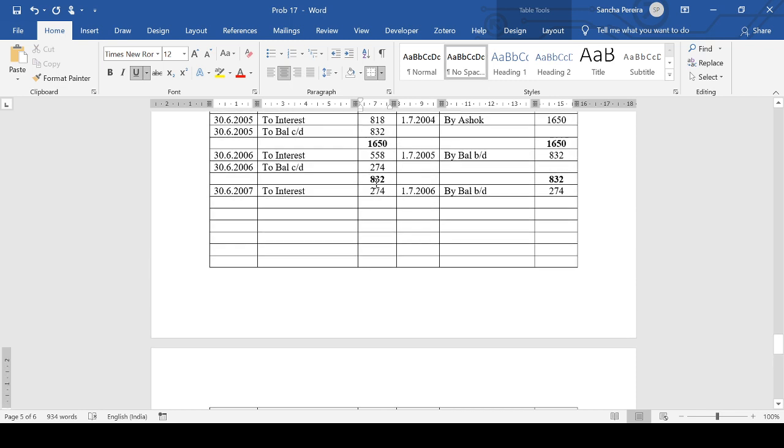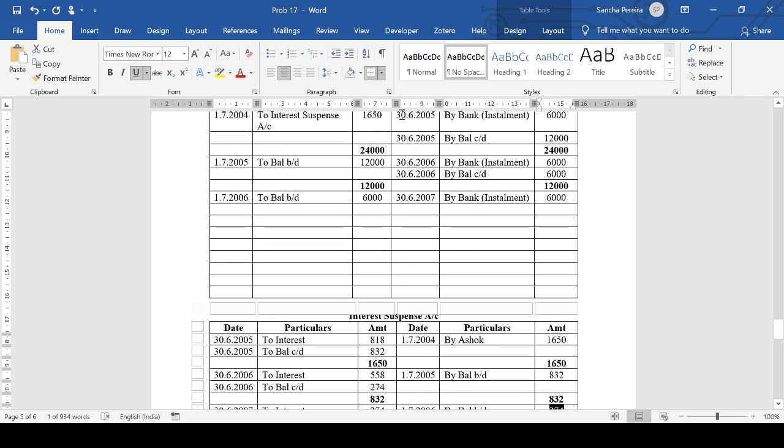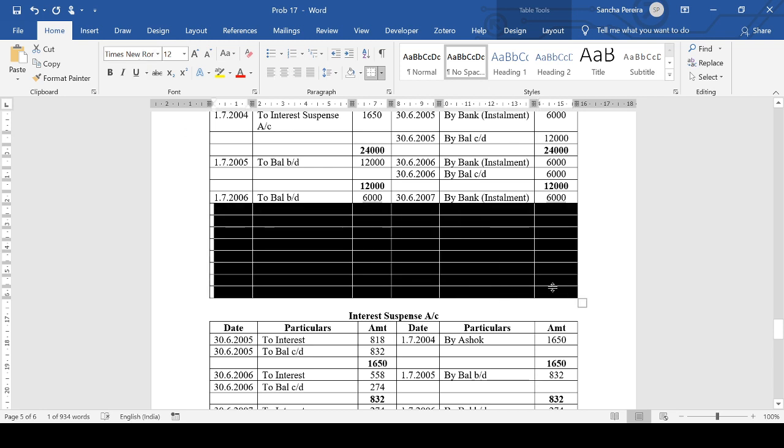This is also tallying. There is no balance here. Whatever balance was brought down is paid. So there is nothing left carry down. And similarly, this is also closing. Whatever balance was left is already paid. We don't need these extra rows.